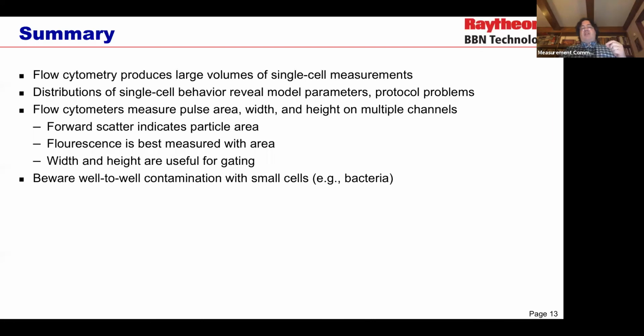Fluorescence is generally best measured with area, not width or height, but width and height are often useful for gating, especially width and height on forward and side scatter. And if you're working with very small cells like bacteria, on an instrument that was not designed for bacteria, beware of well-to-well contamination. So let me pause here and take a look at the Q&A.